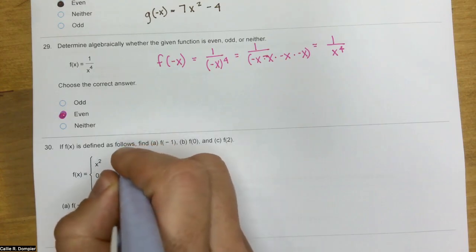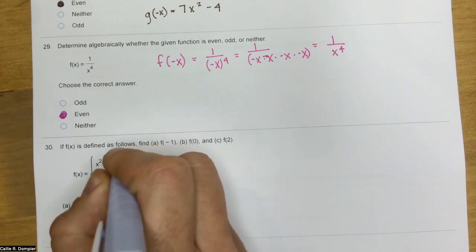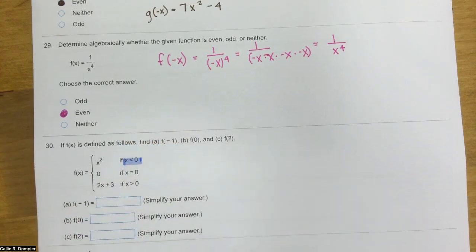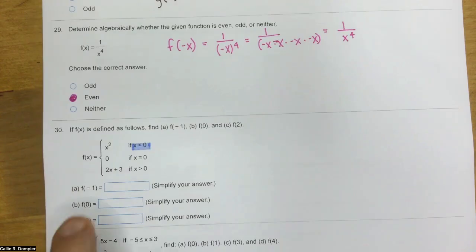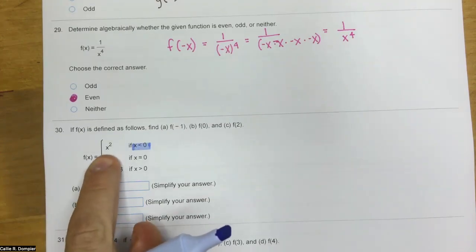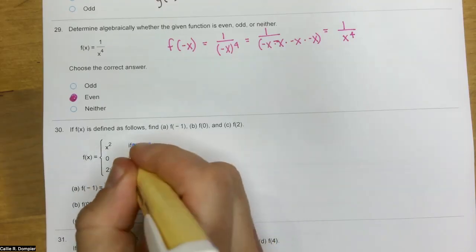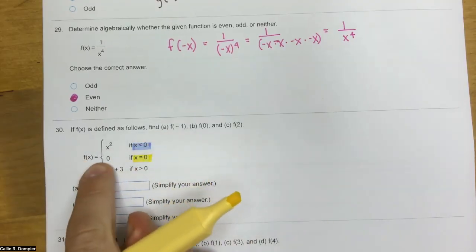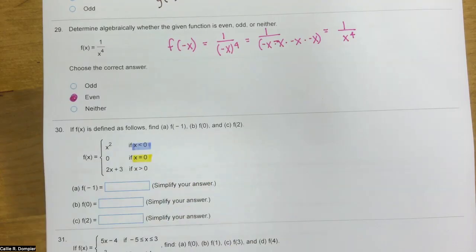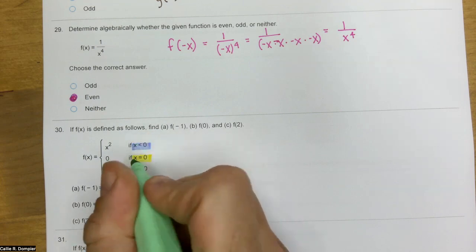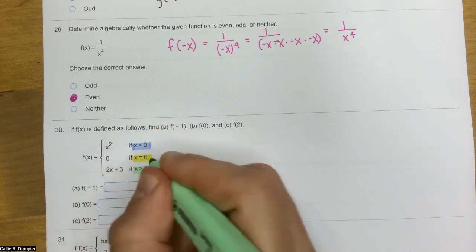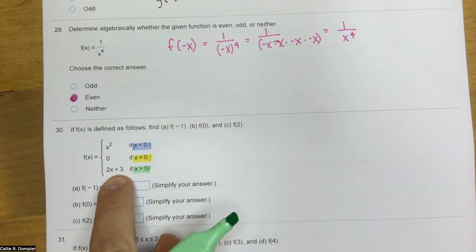So if x is less than 0, f of x equals x squared. If x is equal to 0, f of x is equal to 0. And if x is greater than 0, f of x is equal to 2x plus 3.